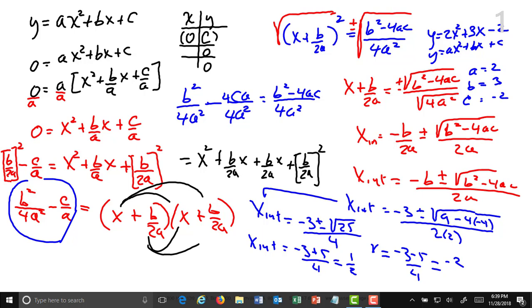In general form, one is equal to minus b plus the square root of b squared minus 4ac over 2a, yes? And the other is equal to minus b minus the square root of b squared minus 4ac all over 2a. Those are your two x-intercepts.